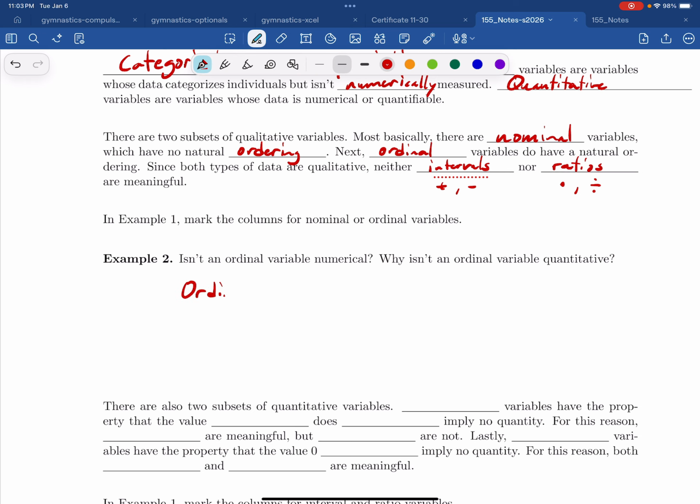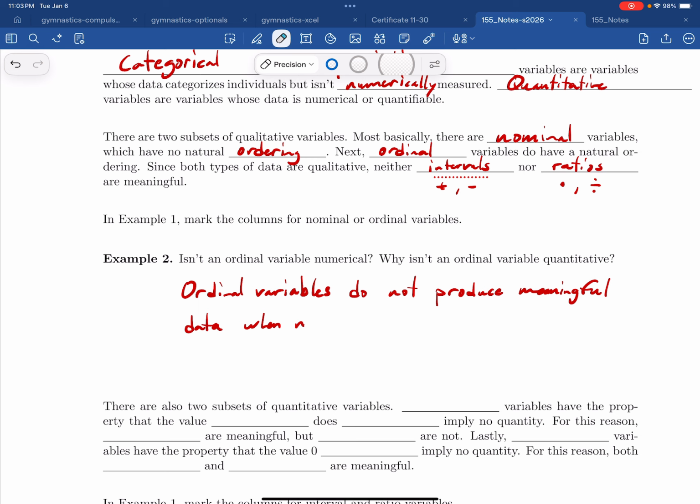So we'll say ordinal variables do not produce meaningful data when, I'll say, numerical operations are performed.